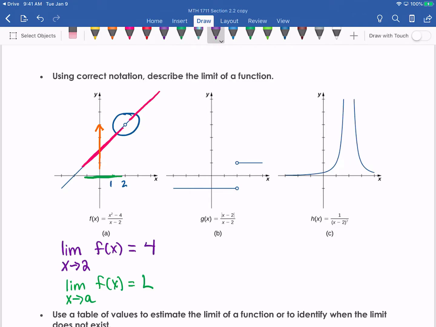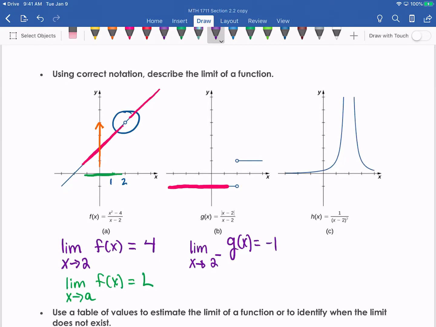Looking at this next graph, if I trace it coming from the left, I'm approaching a y value of -1. So this notation would look like this: the limit as x approaches 2, but coming from the left-hand side, so where we normally would put an exponent, I put a little negative sign to state that I'm coming from the left-hand direction, of the function g of x, is -1.